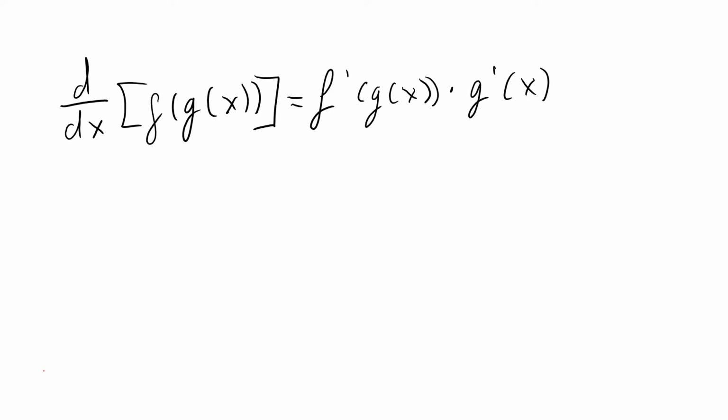You'll also see that this f prime of g of x can also be written as f prime of u. I have also seen it written as f prime of SpongeBob. So really what you put here isn't crucial.